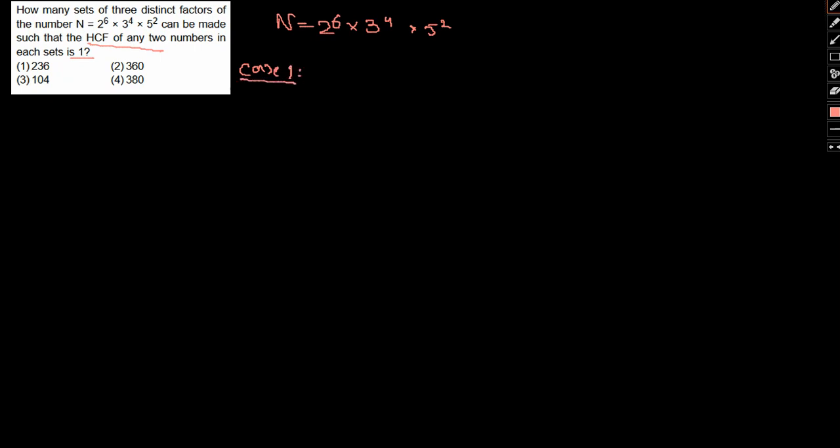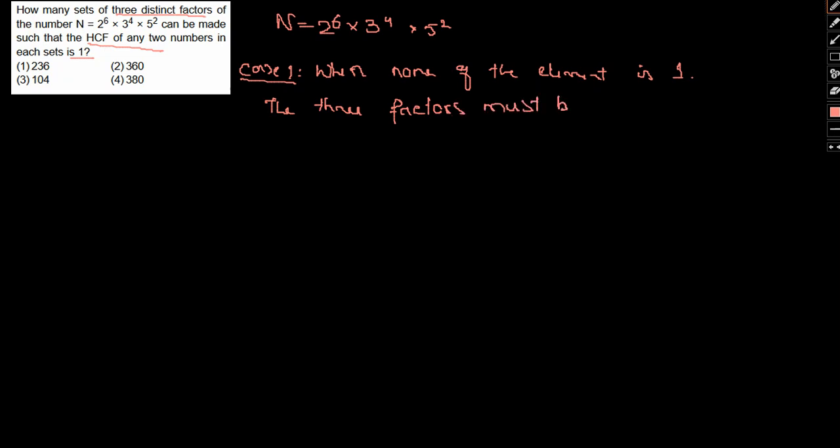Case 1, when none of the elements is 1. So here none of the elements is 1, therefore all the three factors, because we need three distinct factors, must be powers of 2, 3 and 5.